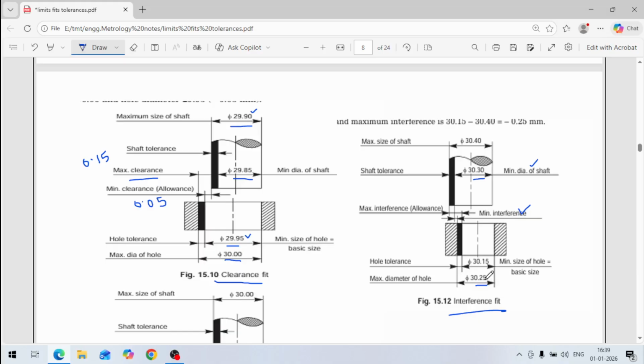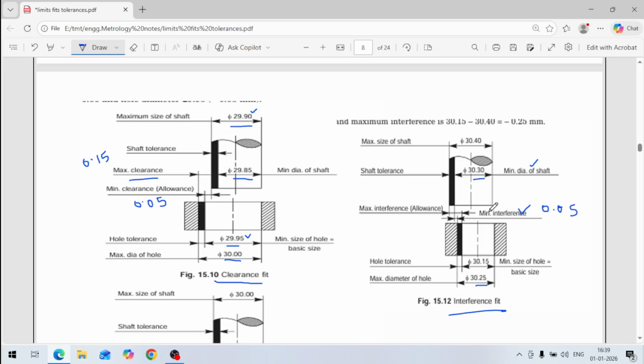So minimum interference, because it is the maximum dia of the hole and the minimum dia of the shaft. Okay. So the minimum interference is 0.05.